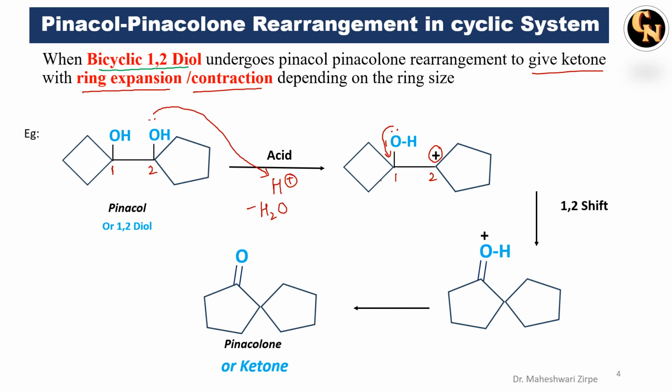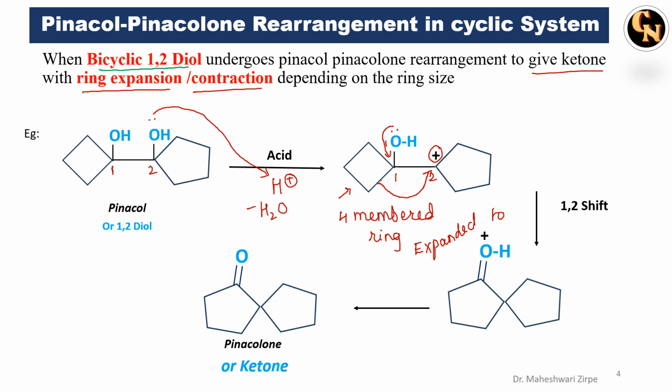So this bond is going to shift here to stabilize the carbocation, and the 4-membered ring has expanded itself to a 5-membered ring. You can see it was a 4-membered ring, and it is expanded to a 5-membered ring.